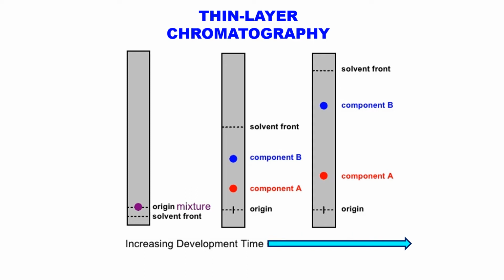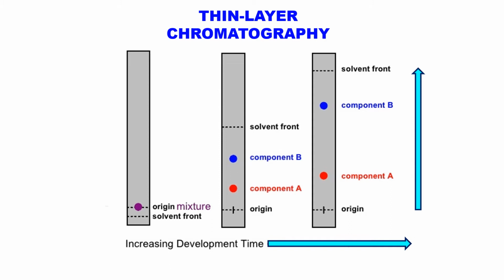On the extreme left of the figure, you can see a rectangular gray strip. This represents the chromatographic sheet. The below arrow indicates the increasing development time of the chromatographic sheet, and this right hand arrow indicates the direction of the movement of the solvent.